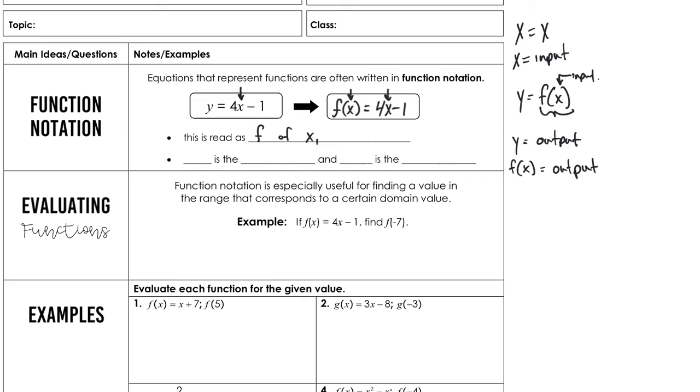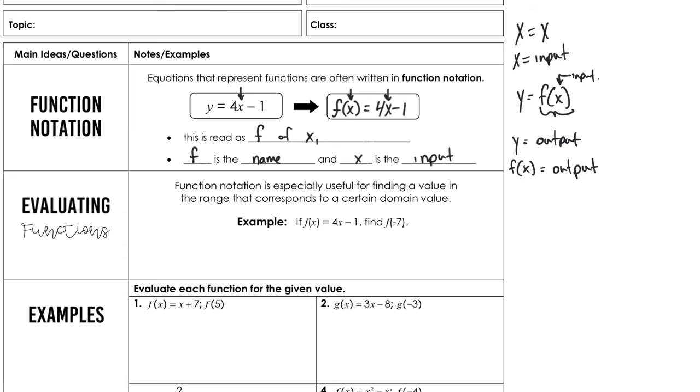So what we need to know here is that f is the name of the function and x is the input. If f is the name and x is the input, that's what's going on there.